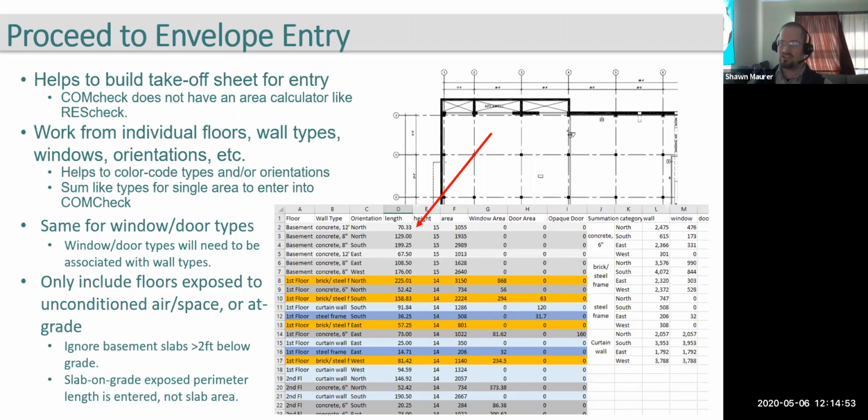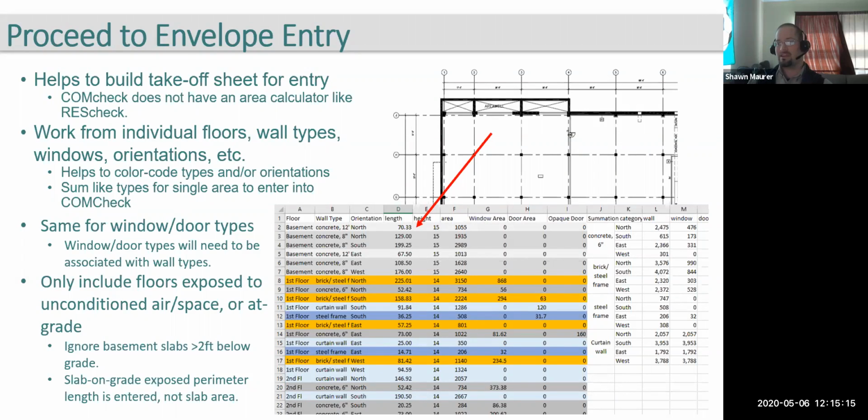So in your spreadsheet, to limit the number of entries you're putting into the program and limit the risk of errors, you'd want to condense all those data entries for different floors, different orientations, into the fewest number of area types that you can.